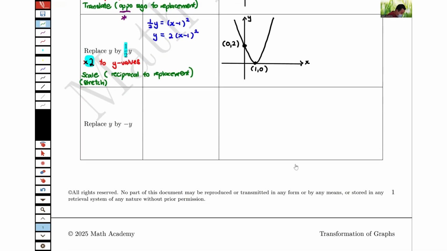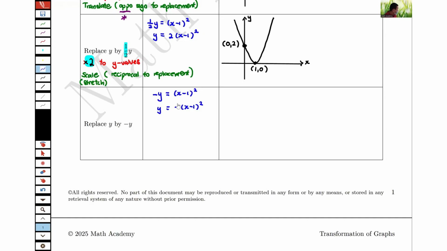And last equation, I want to replace to minus y to the original equation. So minus y is your x minus 1 squared. Let's make y the subject. You will have a negative sign in front. Now, based on our knowledge of graphs, what will happen if there is a negative sign in front of the equation?